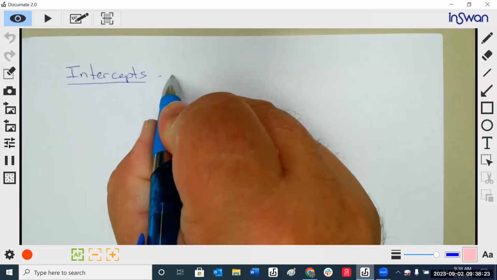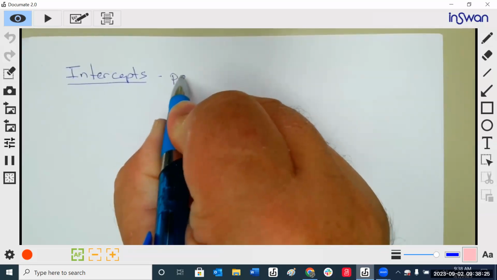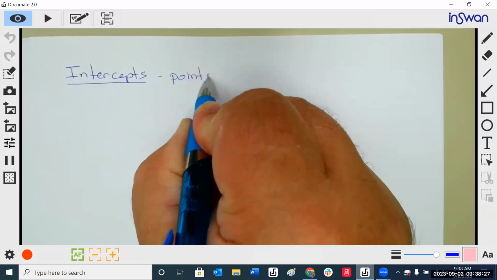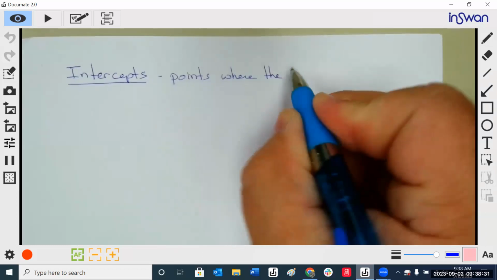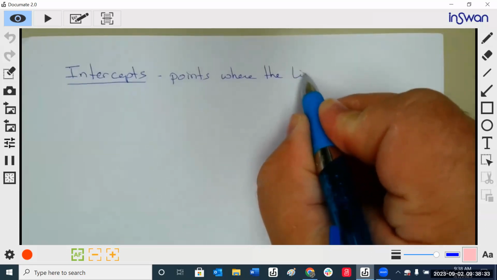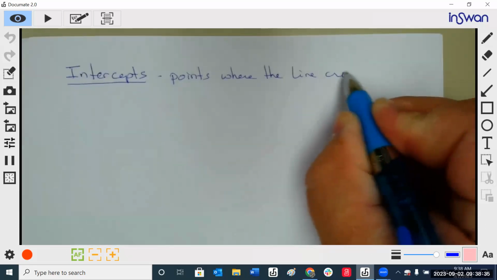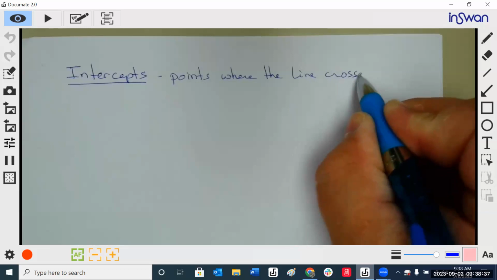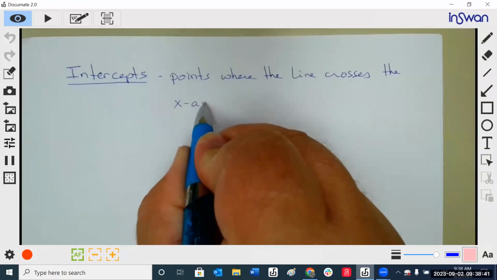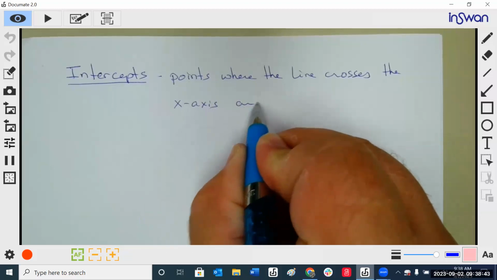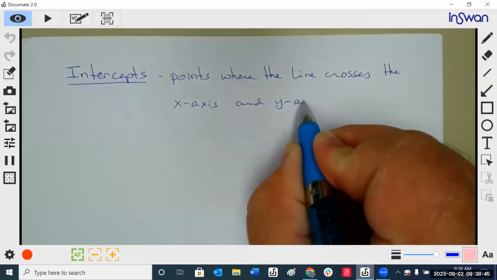Very good. Points where the line or the graph crosses the x-axis and y-axis.